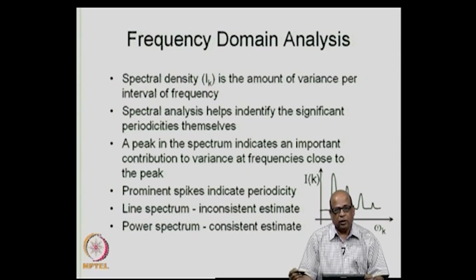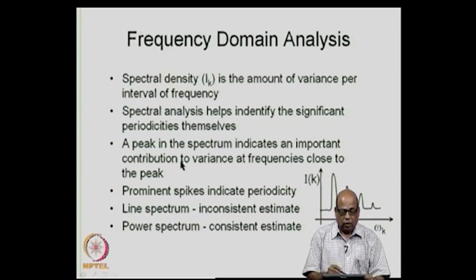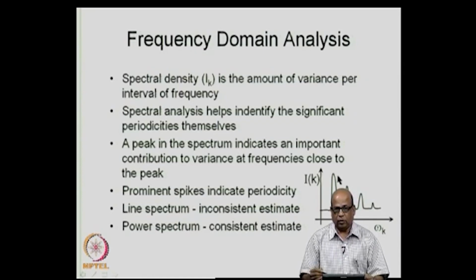The spectral density, as we introduced, is also called the variance spectral density. It gives the amount of variance per interval of frequency. A peak in the spectrum, or spikes like this, correspond to periodicities in the data.